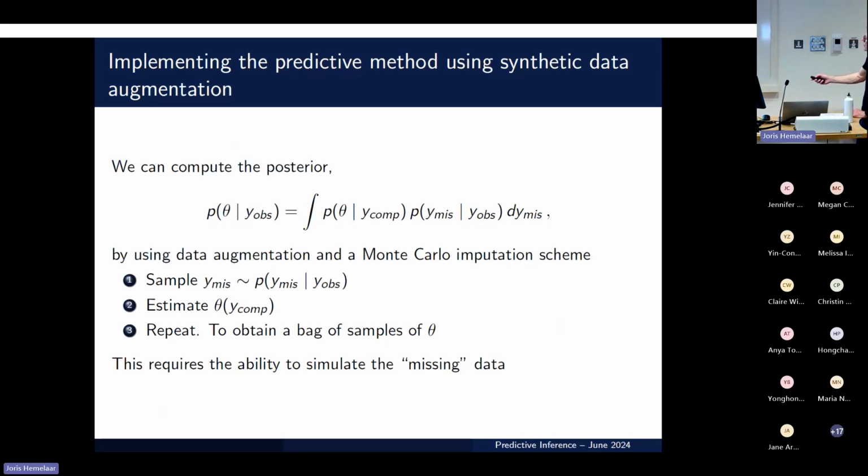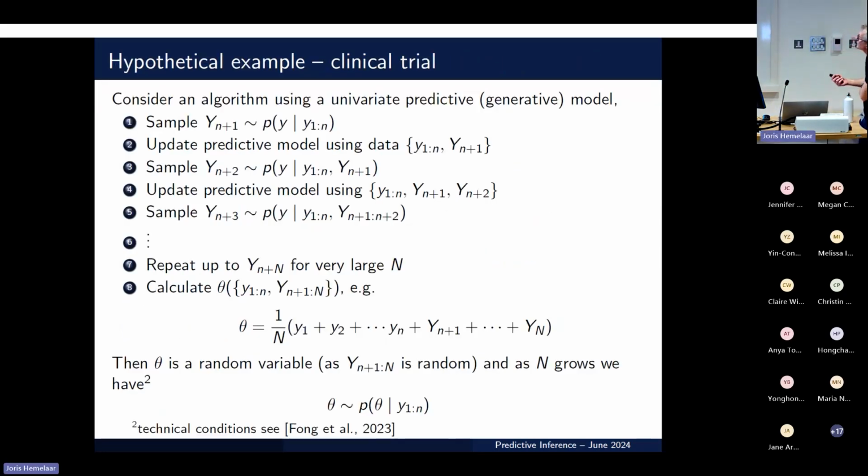But of course, this requires the ability to simulate the missing data. That's the problem. I've got to fill out from the joint distribution; I have to fill out the complete data table. So here's the algorithm for how you might do that. Imagine you've got a clinical trial. You've measured n individuals.